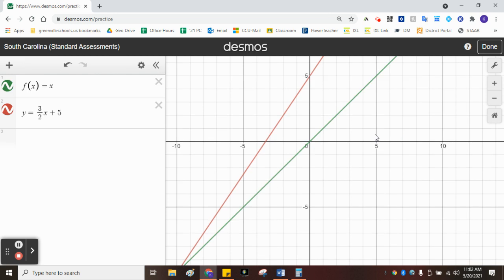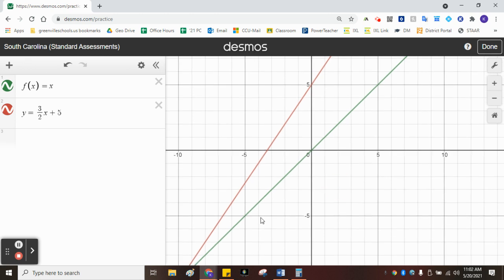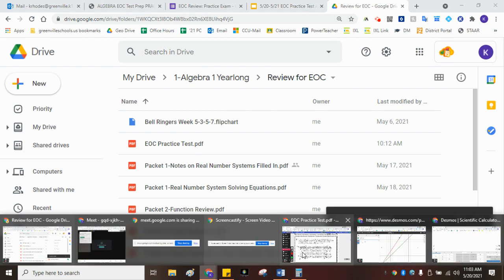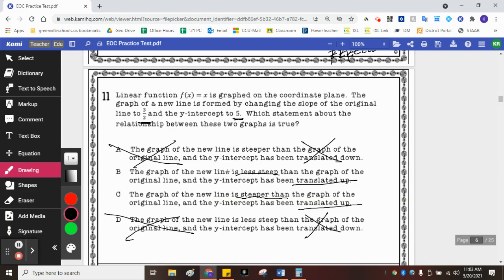Which mountain would you want to climb for a long period of time? Green, because it's less steep. So the steeper line is the new graph, so the new line is steeper.